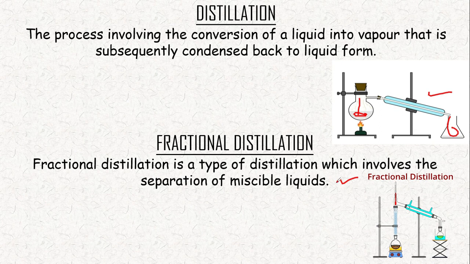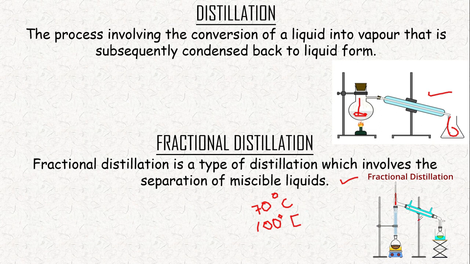And next, this is fractional distillation. In fractional distillation, two liquids with almost the same or nearby boiling temperatures are taken, like water and alcohol. Alcohol evaporates at about 70 degrees Celsius, and water evaporates at 100 degrees Celsius.